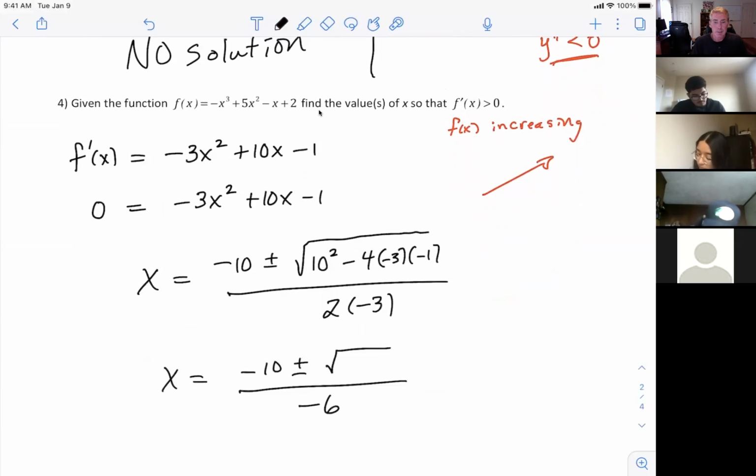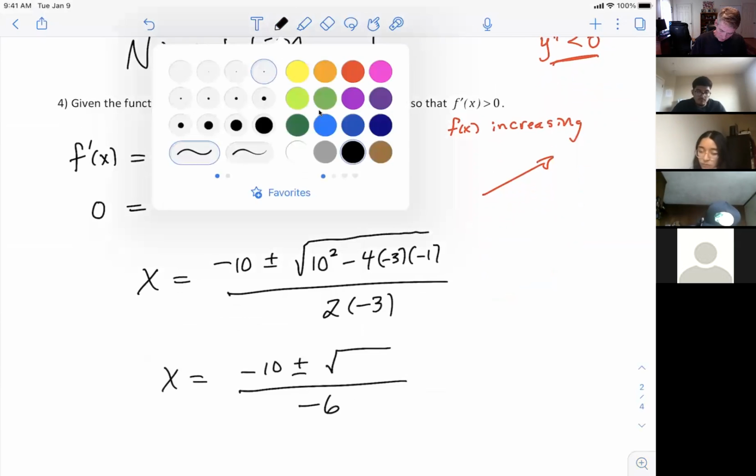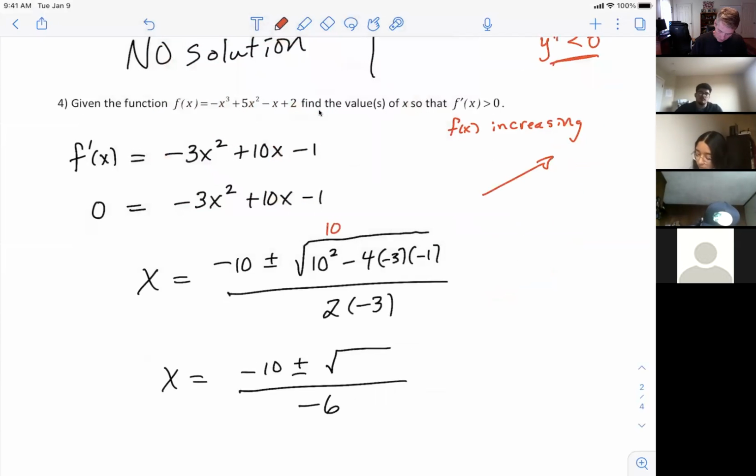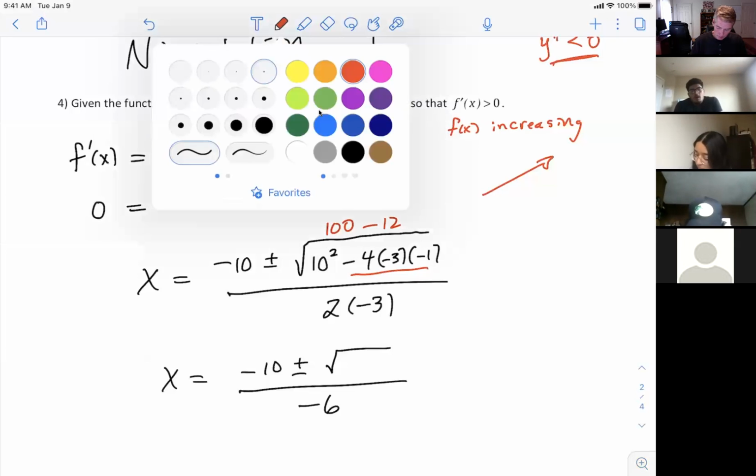So then how much is in the radical? Let's see, that would be 100 for 10 squared. And then 3 negatives in a row makes it negative 12. So that's going to be the square root of 84.